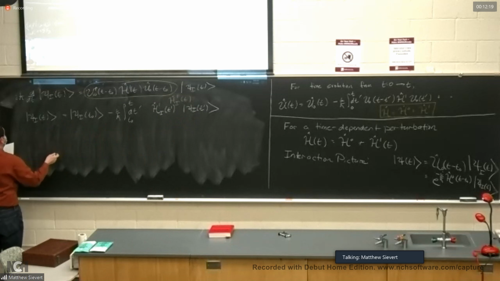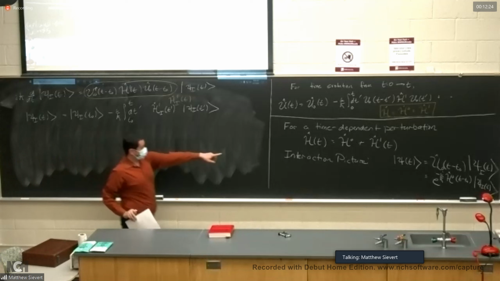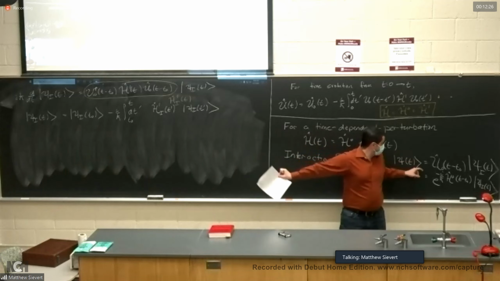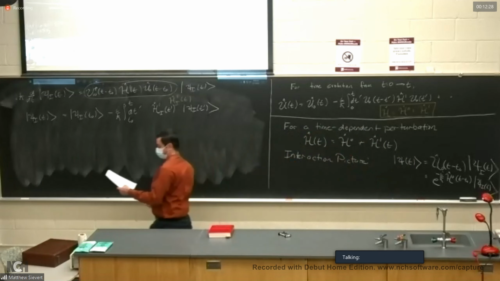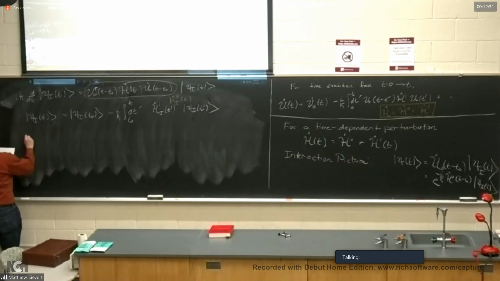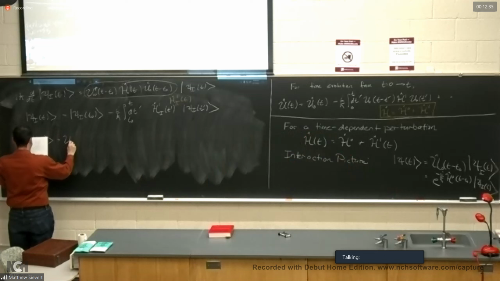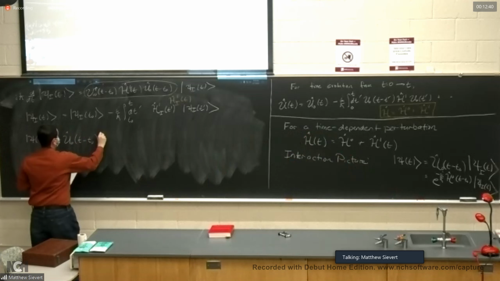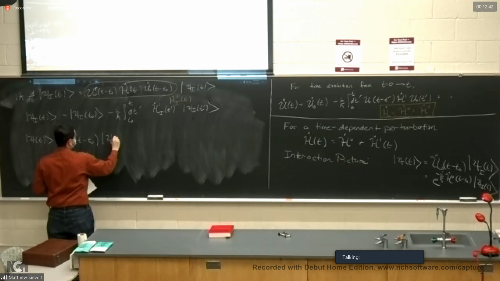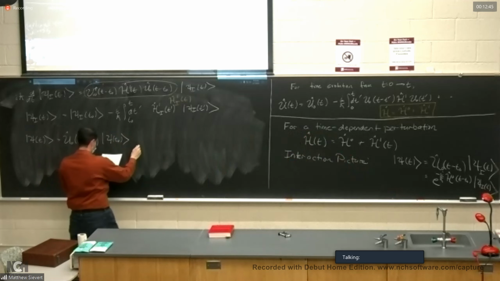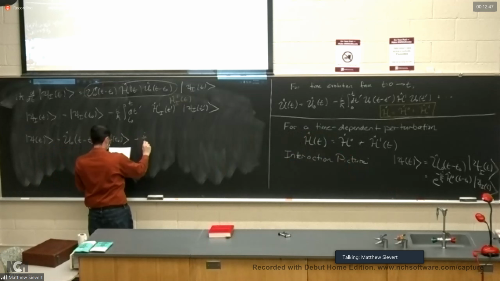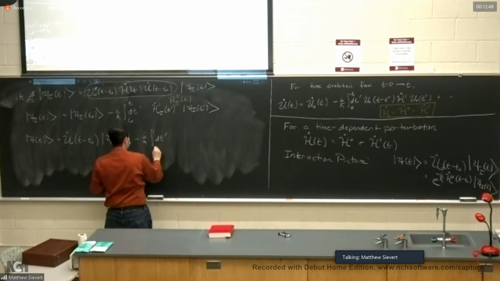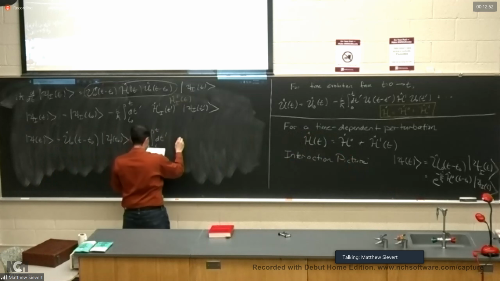And so the last step was to transform back to the lab frame. And so if I plug in this transformation again to that integral equation, I get the solution for psi of t. So we have psi of t is U naught of t minus t naught, psi of t naught, minus i over h bar, integral dt prime from t naught to t.